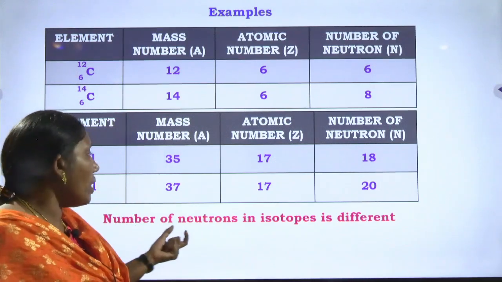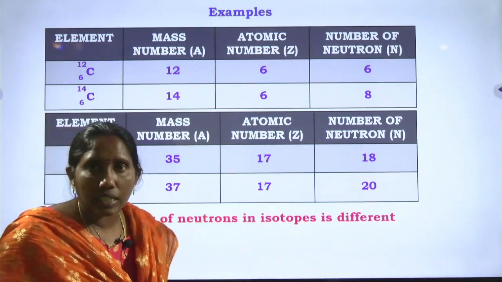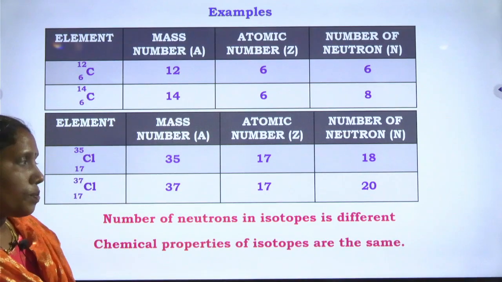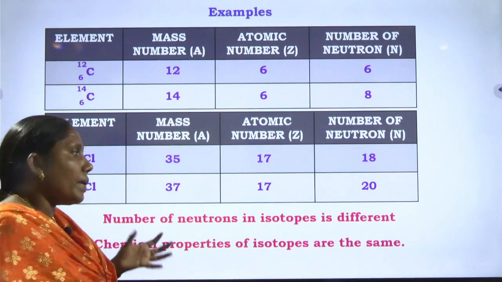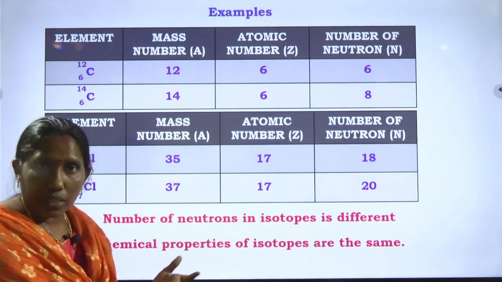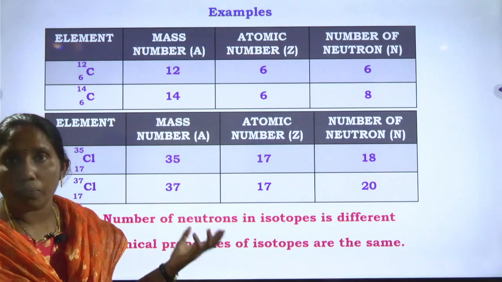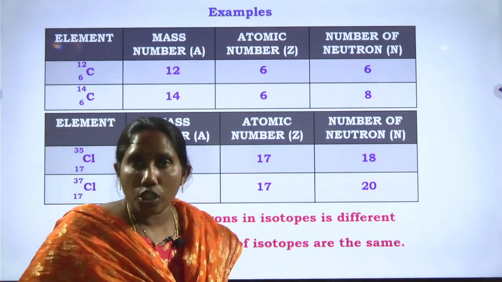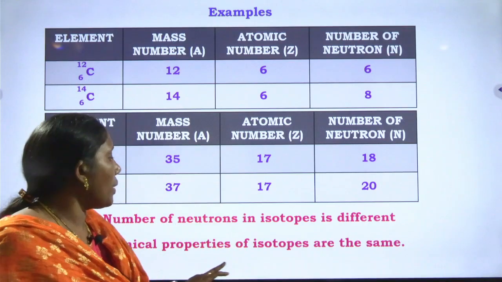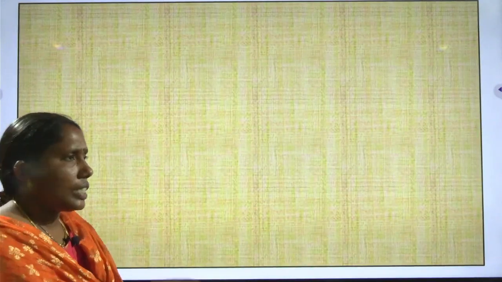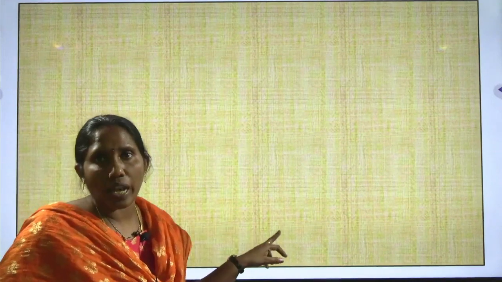Chemical properties of isotopes are the same. The number of neutrons will be different, but C12 and C14 both will give the same product while reacting with any other molecule or compound. So the chemical properties of isotopes are the same, right? This is the basic information about isotopes.